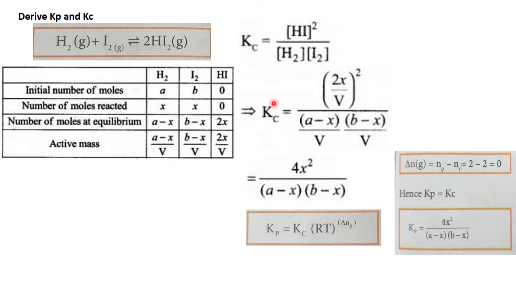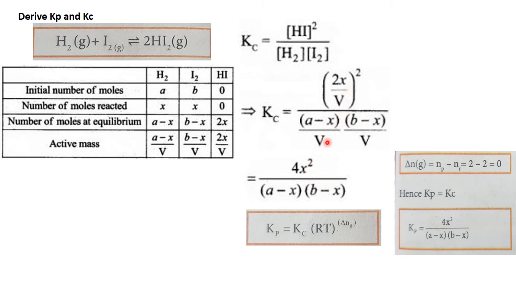So for HI, 2X by V the whole square. Then instead of H2, the active mass is A minus X by V. Then instead of I2, the concentration is B minus X by V. Then if you expand this, 2X square by V will come as 4X square by V.